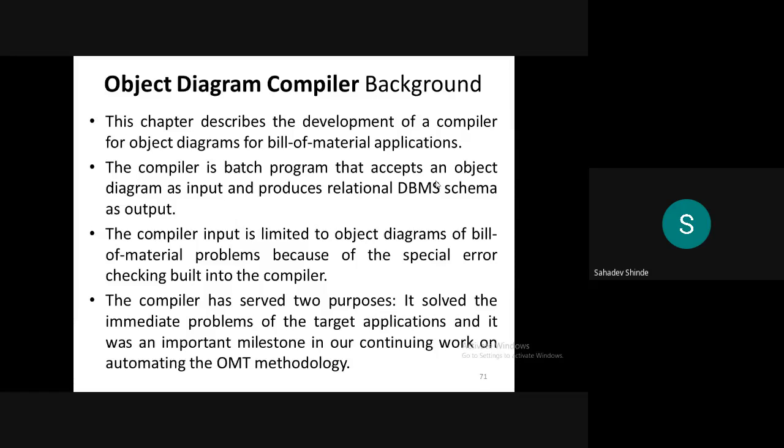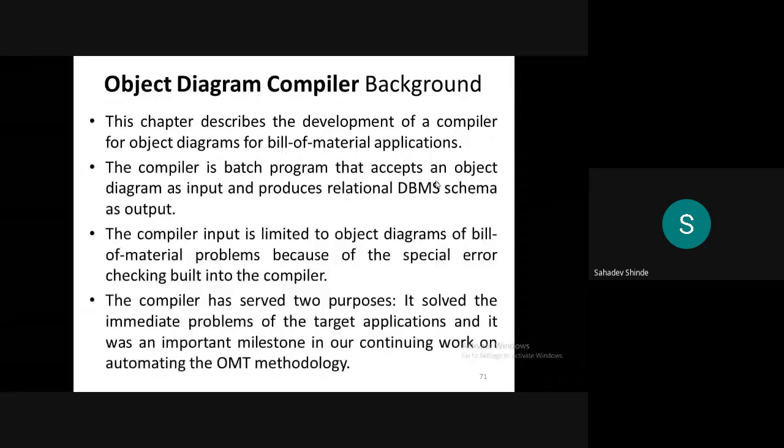And this point describes the development of a compiler for object diagrams for bill of material applications. The compiler is a batch program that accepts an object diagram as input and produces a relational database management system schema as output. So the compiler input is limited to object diagrams of bill of material problems because of the special error checking built into the compiler.